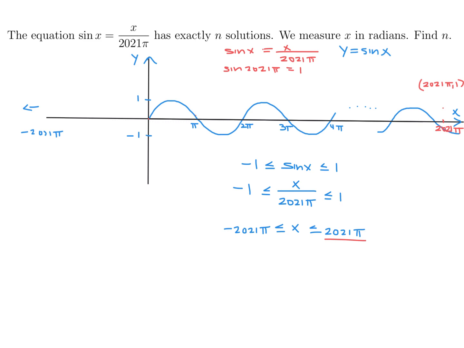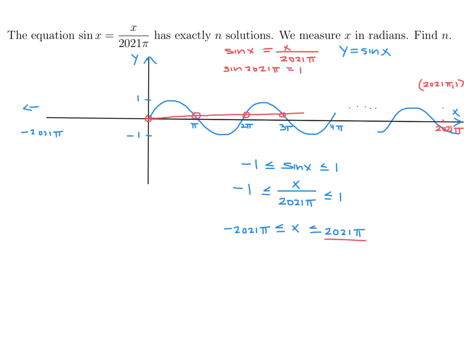And similarly, when x is 2 pi, it will be 2 over 2021. So again, it'll be positive, and so on. You see what I'm saying? So it will always be like that. If we were to extrapolate this, it'll go like this. So there'll be 1, 2, 3, 4, and so on.